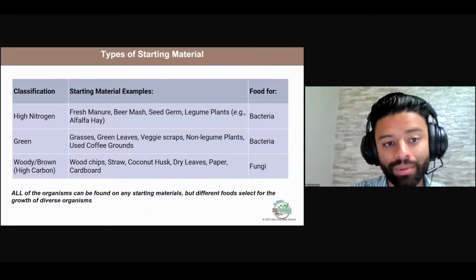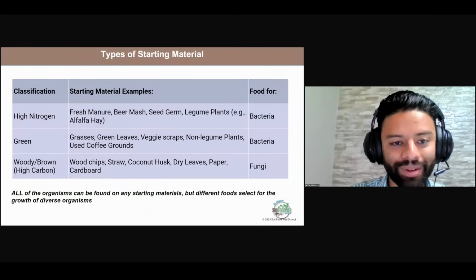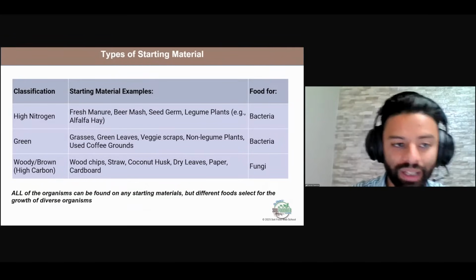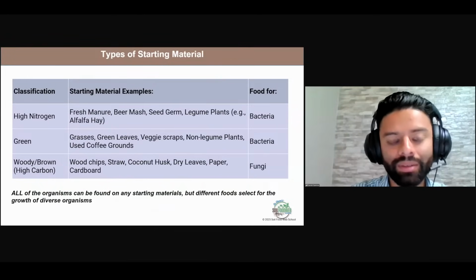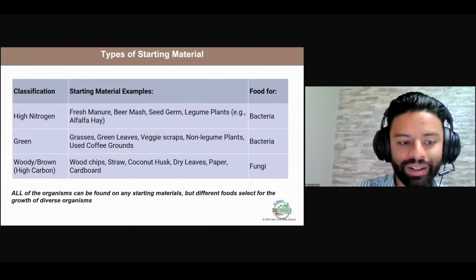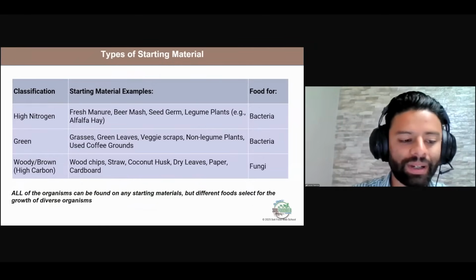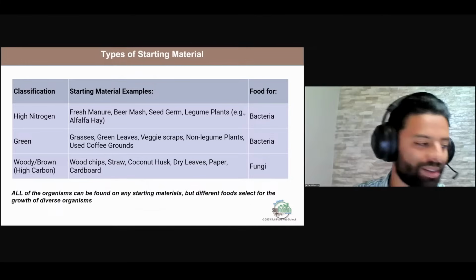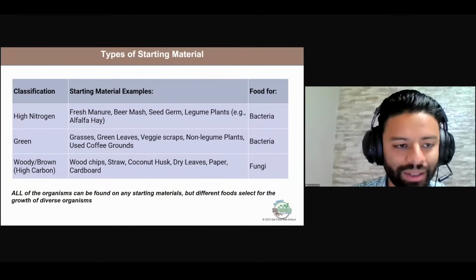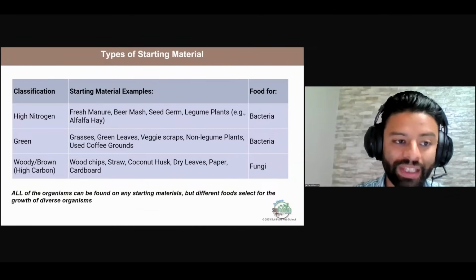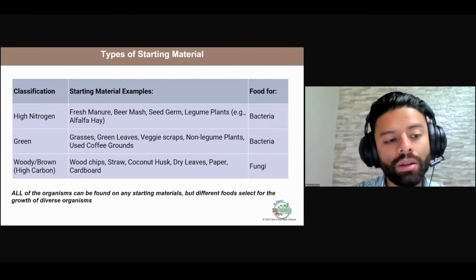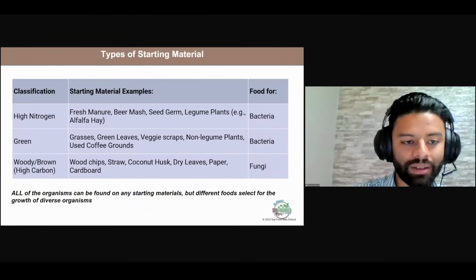Seed germs, which can be really, really powerful for creating heat in a pile. Legume plants, depending on how well they are growing, and also the time of the year. For example, alfalfa, different types of beans, chickpea, any legume plant that you can think of, it can be potentially a high nitrogen.